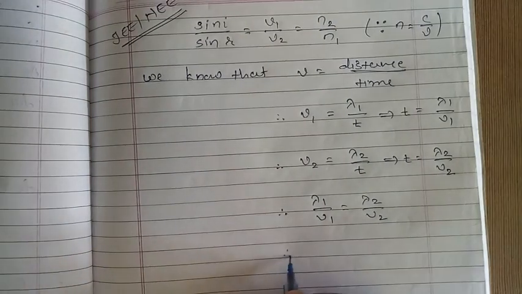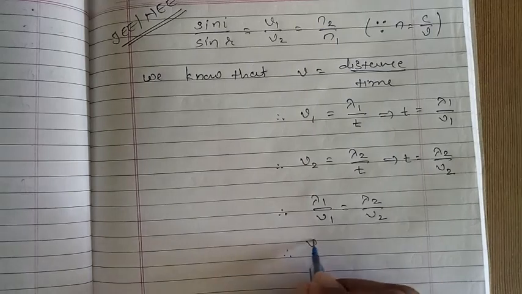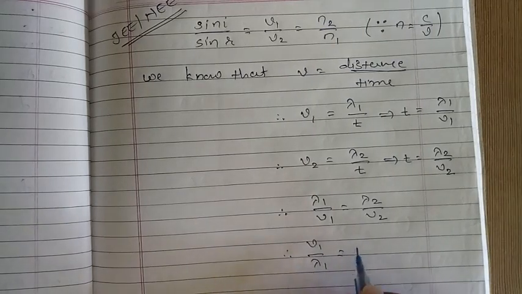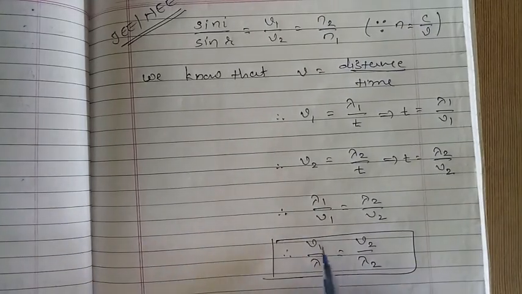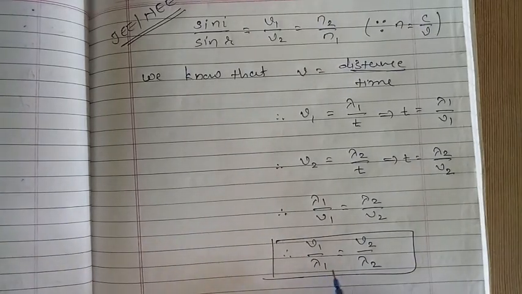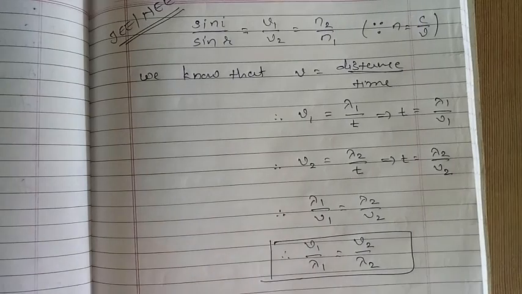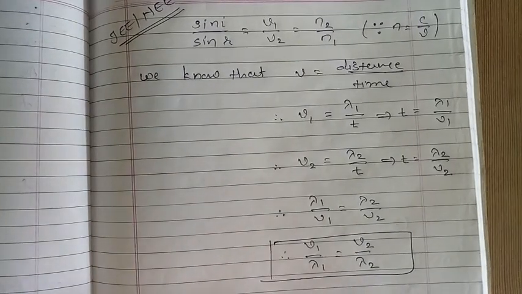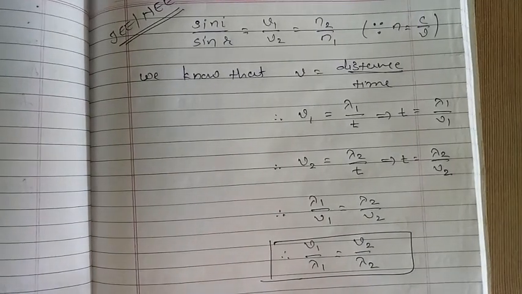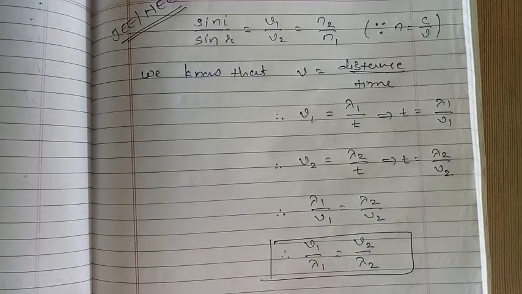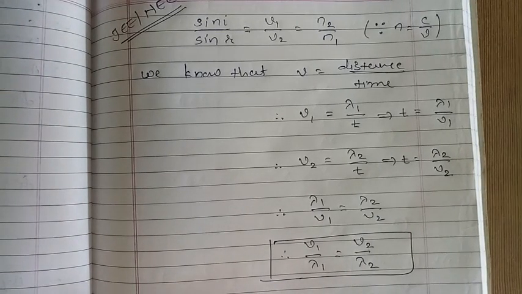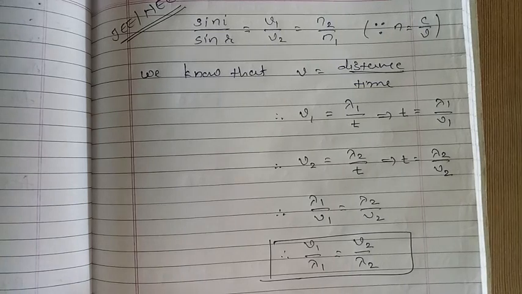Or we can say that V1 upon lambda 1 is equal to V2 upon lambda 2, or V1 upon V2 is equal to lambda 1 upon lambda 2. You have to remember this equation, because it is very useful in your examination.